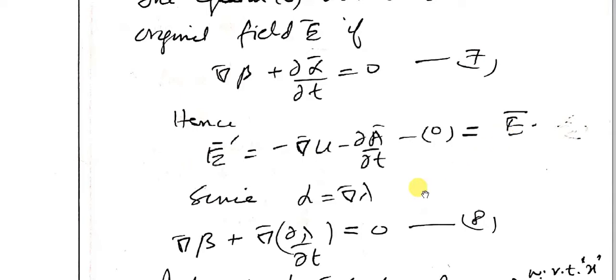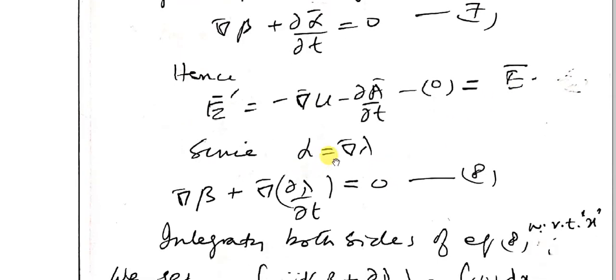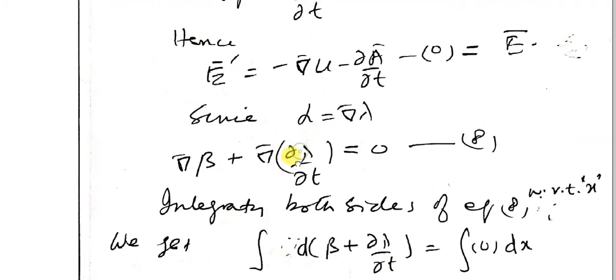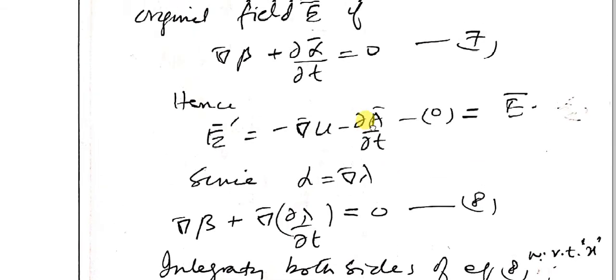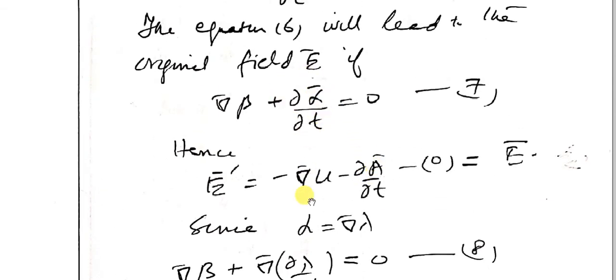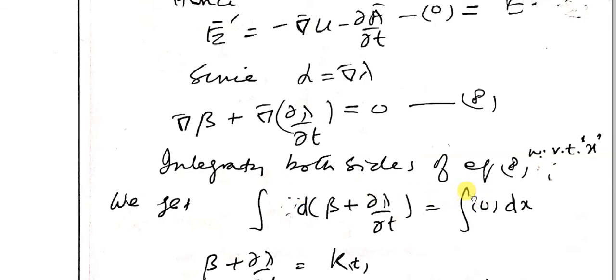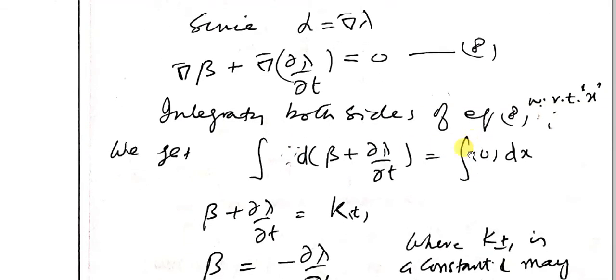E prime is equal to E. Now since α is equal to gradient of λ, putting here the gradient of β plus the gradient of λ, we have the ∂α value in this equation. So ∂λ/∂t is equal to 0, integrating both sides of the equation with respect to x.